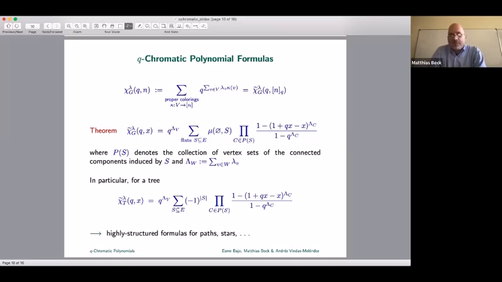This slightly looks familiar. There are Möbius inversion formulas on the flats of the graph, and then they're specialized for a tree. The devil is in the details. My point is we can compute them. And as people will not be surprised, you get more structure when you concentrate on certain families of graphs.